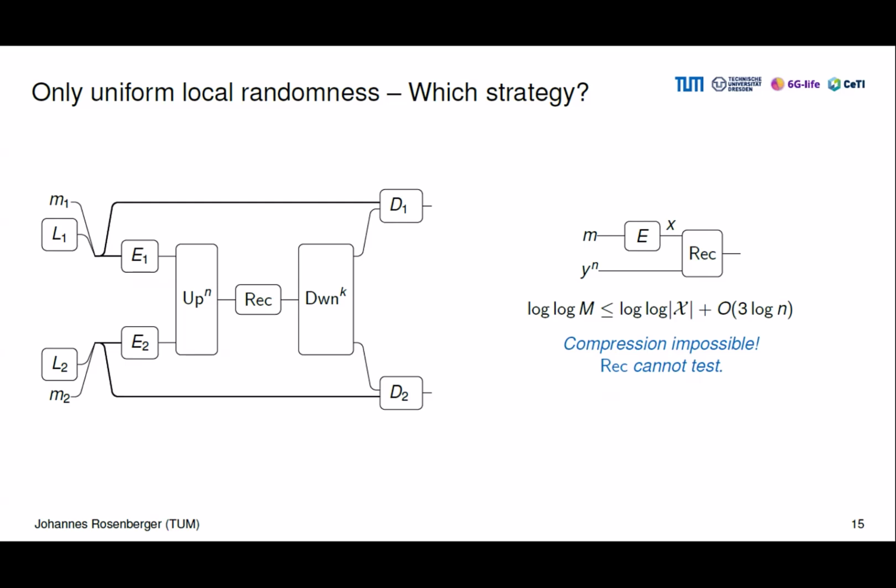This is also from this paper that showed that the decoder can be de-randomized. So this relation tells us that the output of E, so this set of the axis, must be at least as large as the input, like the messages, plus something that vanishes asymptotically, or that is quite small.